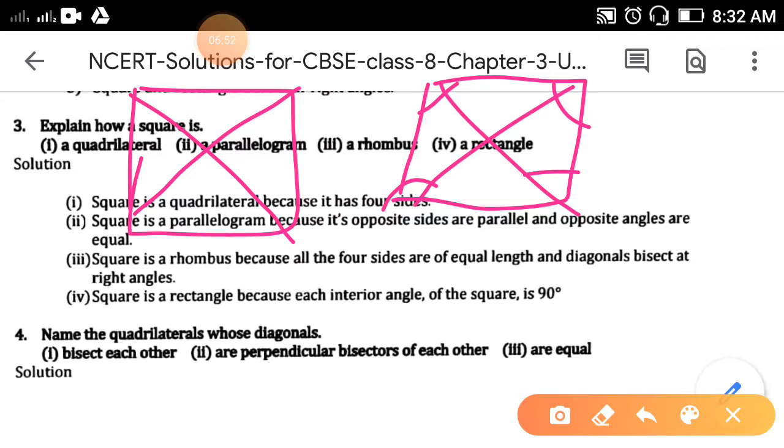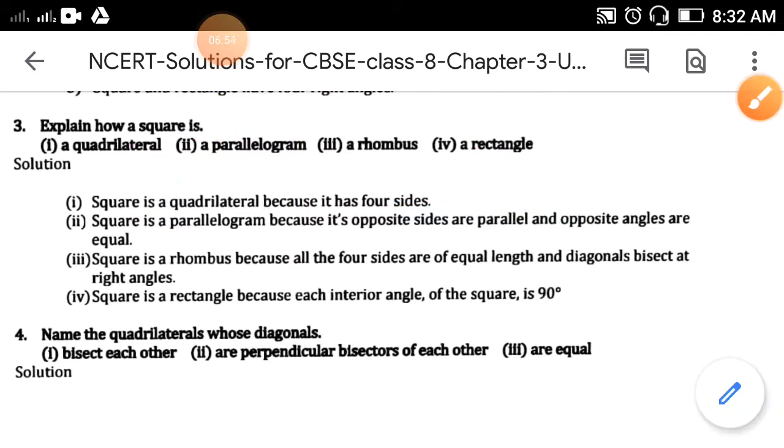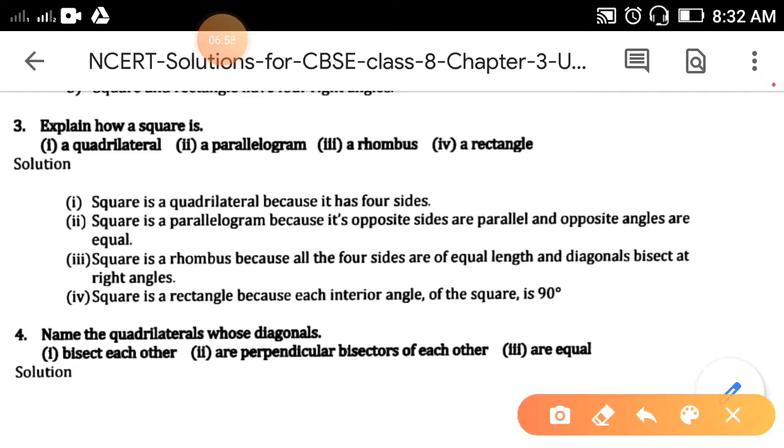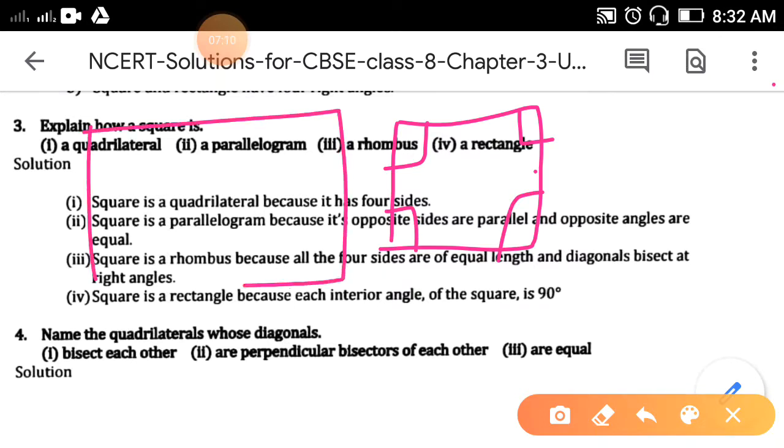So we can say a square is a rhombus and a square is a rectangle. Yes, because in a square all 4 interior angles are 90 degrees, and in a rectangle also all 4 interior angles are 90 degrees.